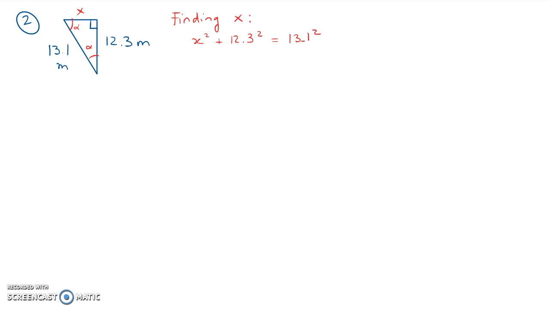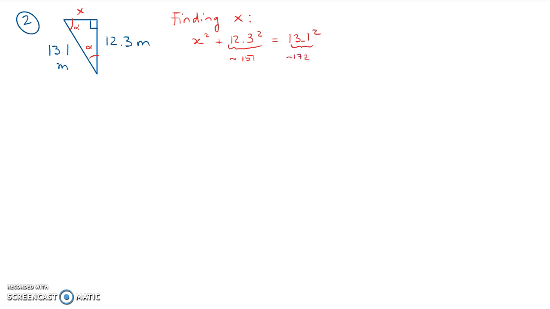When doing this or something similar in the assignment, some of you found the value of 12.3 squared. In this case, you will find that it is approximately 151. And the value of 13.1 squared is approximately 172.